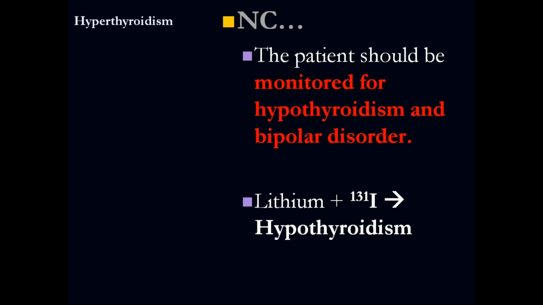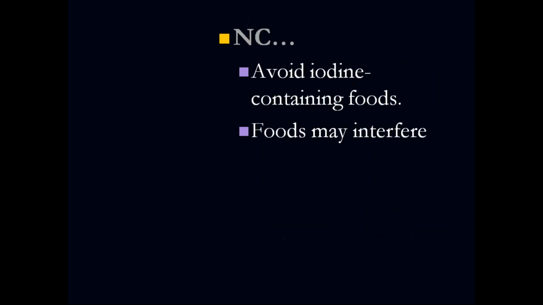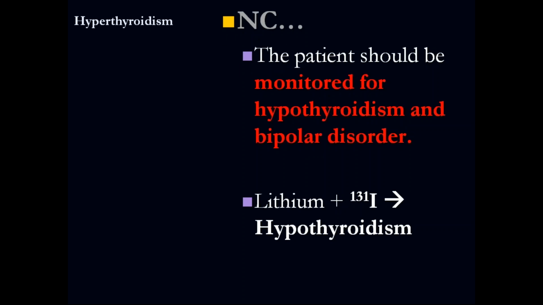Okay, lithium and iodine 131. Lithium is used for bipolar disorders. And when lithium is combined with iodine 131, it can lead to hypothyroidism. So that means it increases the effect of the iodine 131. All right, so what does lithium do?